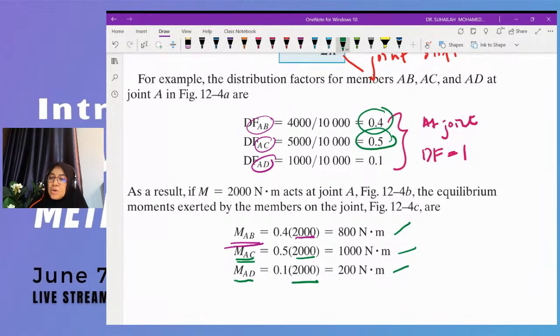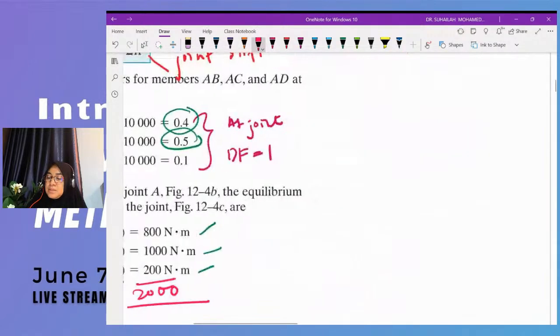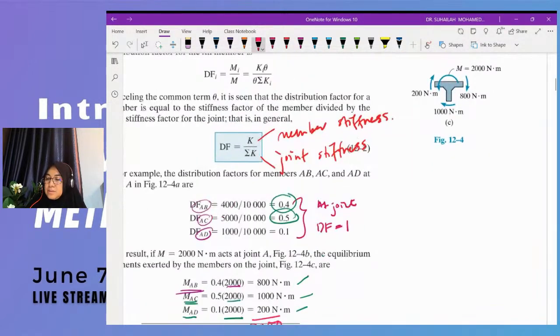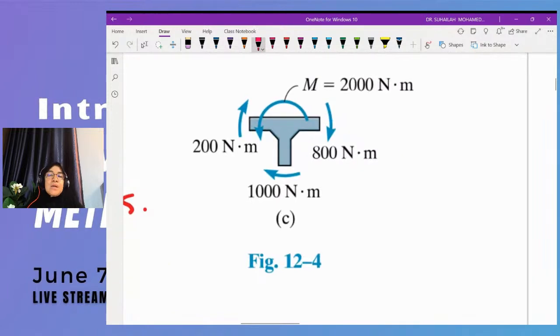Okay, and if we total this, we will get back 2000, but acting in the opposite direction. So at A, the net moment MA is equivalent to 0.